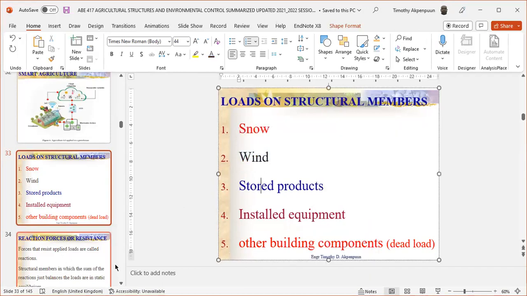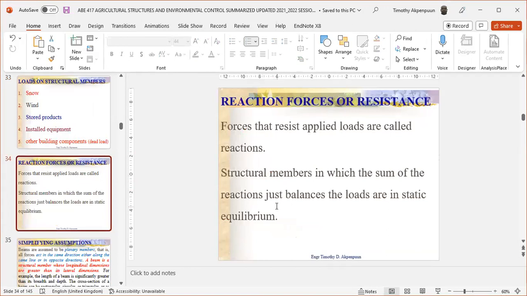So let's go. Reactions. For a structure to resist applied load, there must be a reactive force, a resistance. Right now, if you are sitting, the chair you're sitting on is resisting your weight.